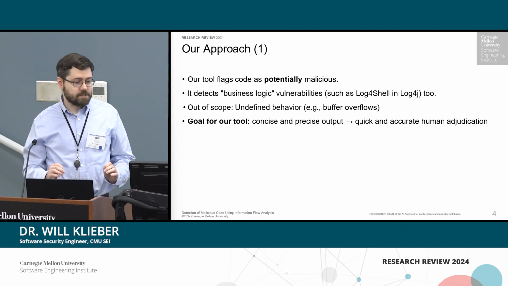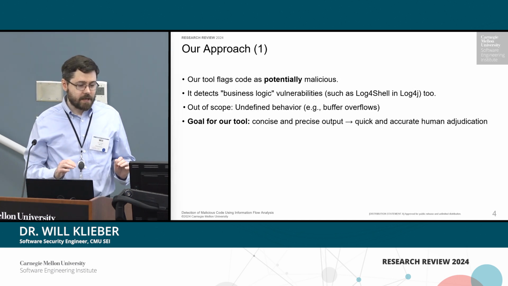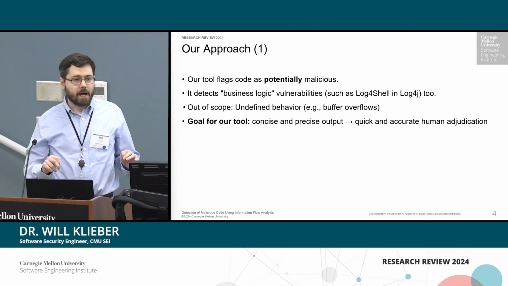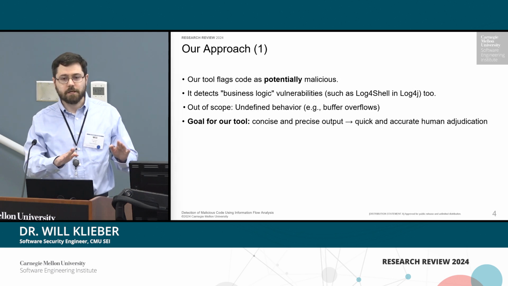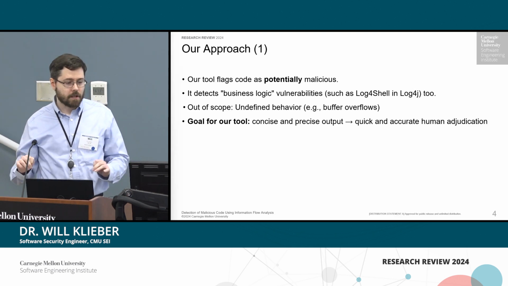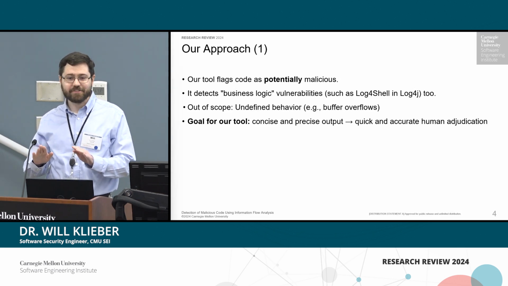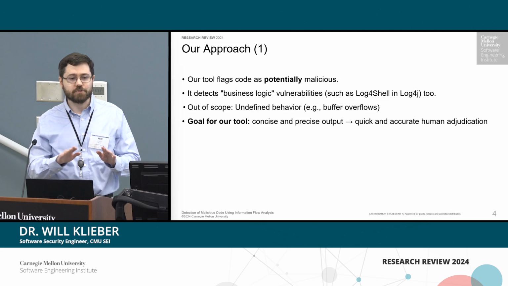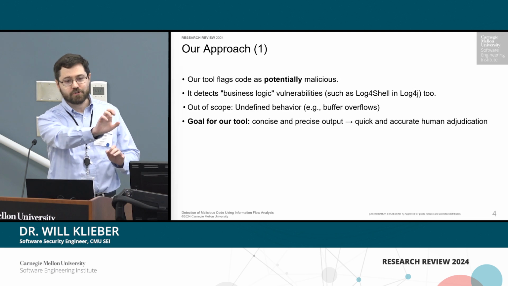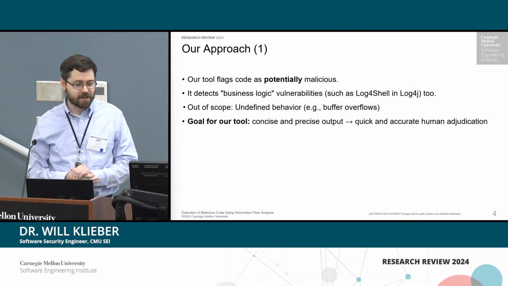Our tool will also detect what I call business logic vulnerabilities. An example of that is the Log4Shell vulnerability in Log4j. Log4j is a logging library for Java. If the program wants to write information to a log file, and if the strings that it writes are controlled by an attacker, then the attacker can inject a special escape sequence that will cause this logging library to reach out to a remote server, give that remote server some information, and then grab information back from it to send into the log file.